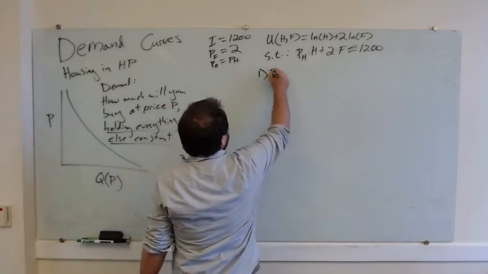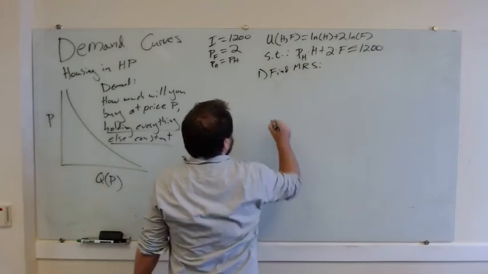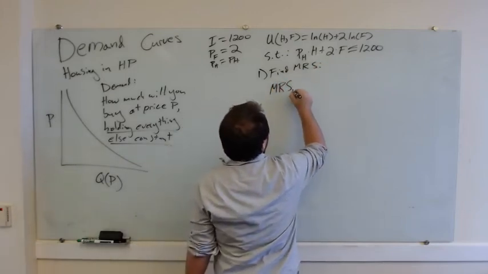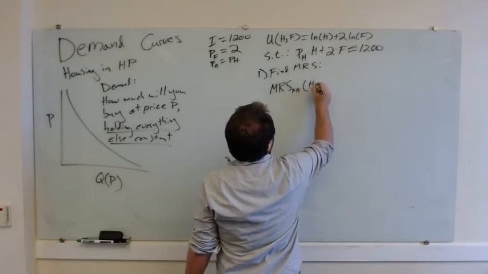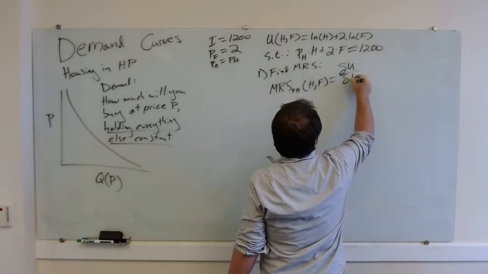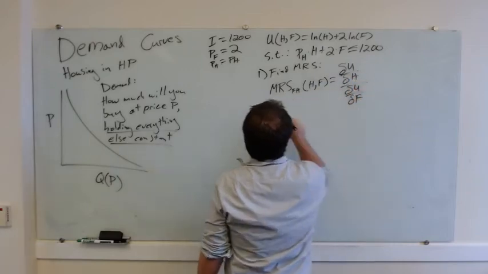So we find our MRS. Right? What's that going to be? Our MRS of housing in terms of housing and food is going to be du dh over du df, right?